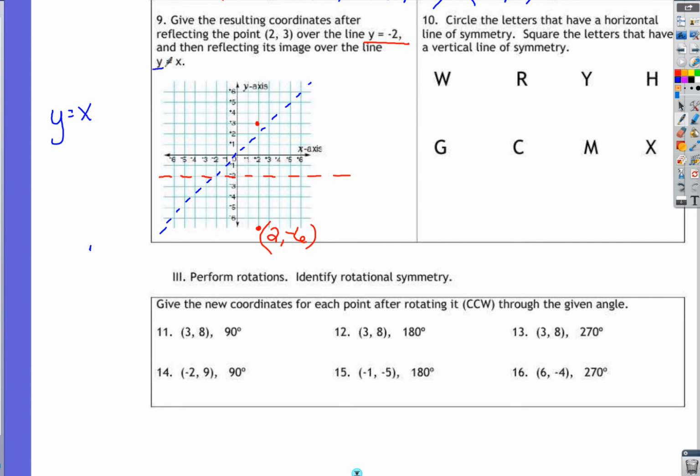Now my blue one, I'm going to reflect over y equals x. My rule is x, y goes to y comma x, so I just flip-flop them around. So this point is going to be -6, 2, correct? 1, 2, 3, 4, 5, 6, 1, 2. There's my point after I reflect over this line. Do we agree? Yes.